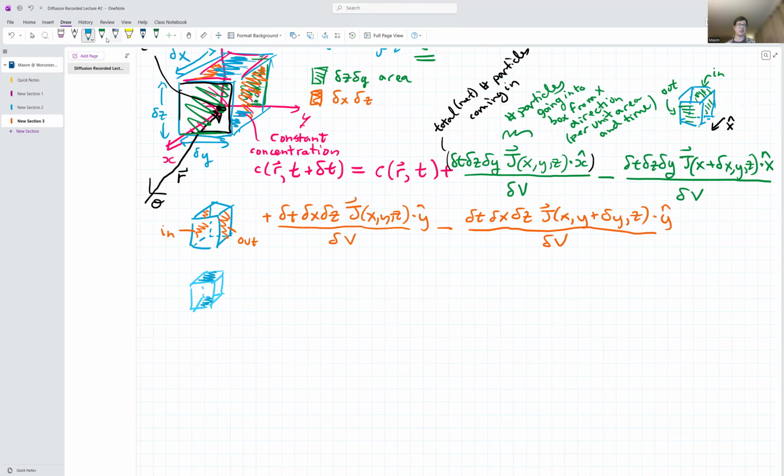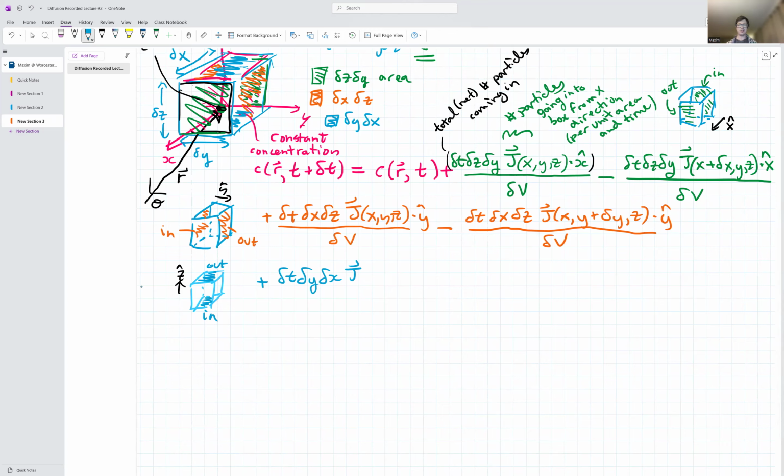And again, our convention is that, so here, this was the y hat direction. Now z hat is in this direction. So that means the particles are coming out of the top and they're coming in from the bottom. That's the convention for positive flux. So, okay, we have delta t, delta y, delta x this time because the area of these top guys is delta y, delta x.